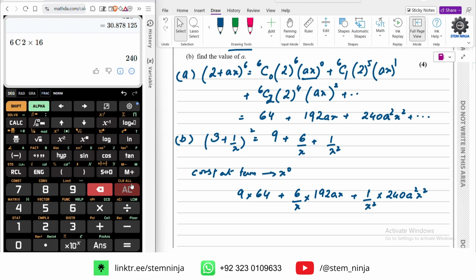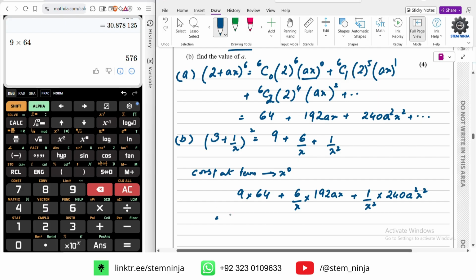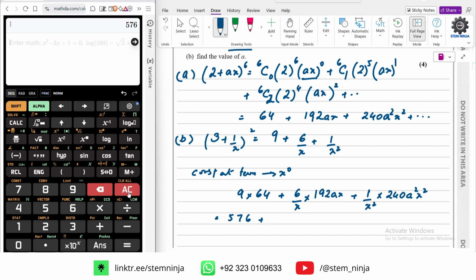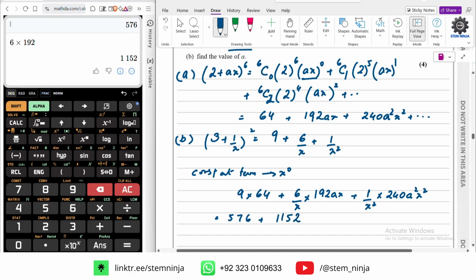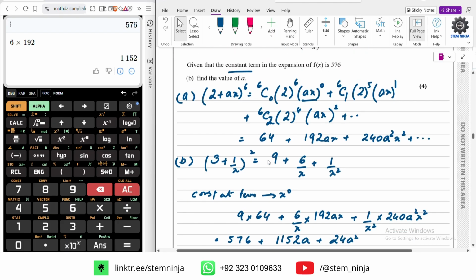Right, okay. So this would be 9 times 64, that is 576, plus 6 times 192 is 1152a, and then 240a squared. So this is your constant term. This is equal to 576 itself.